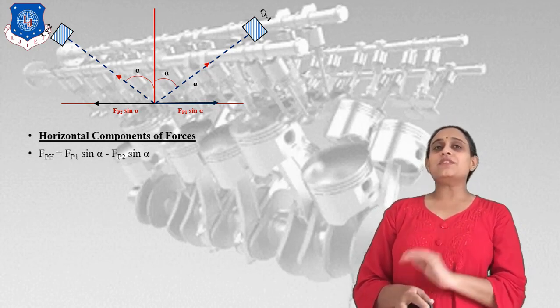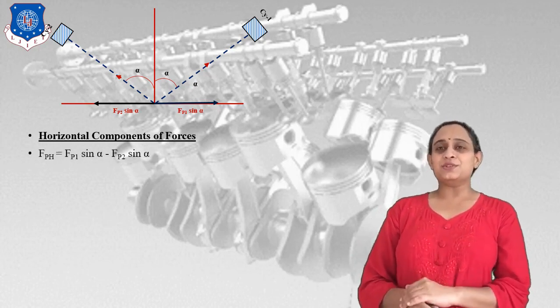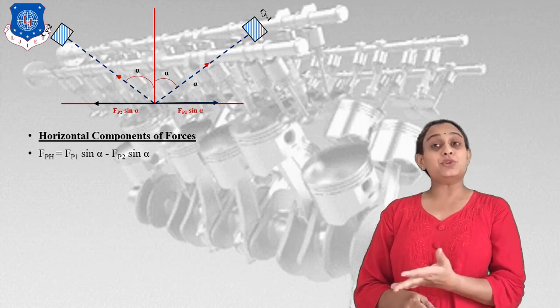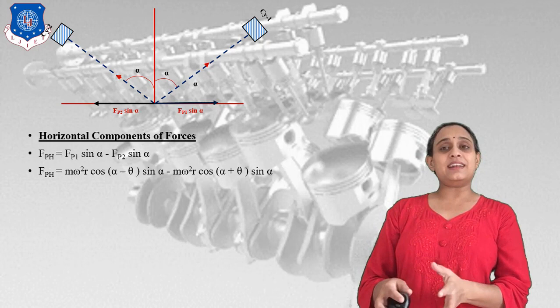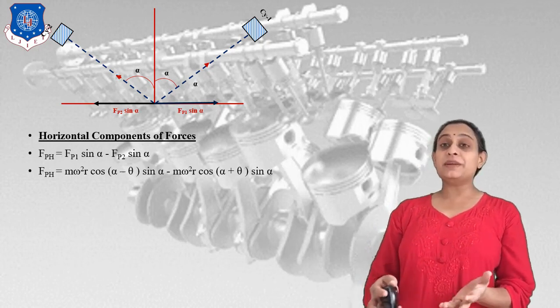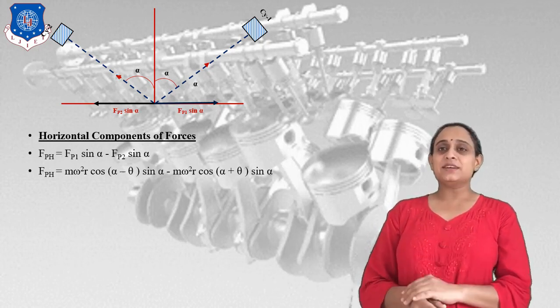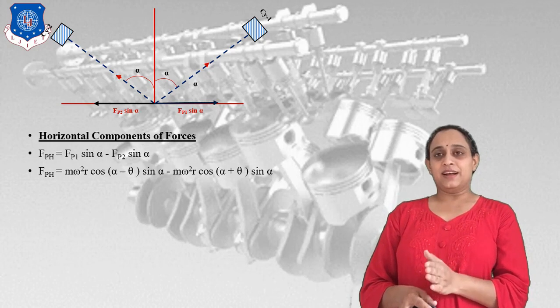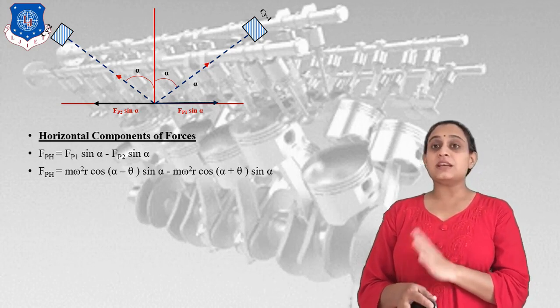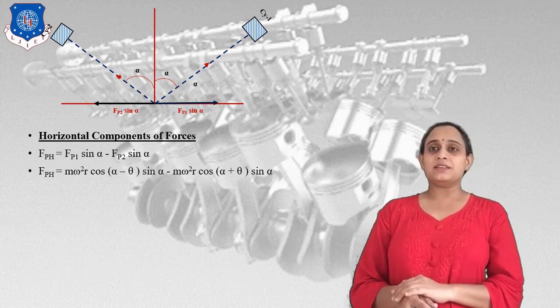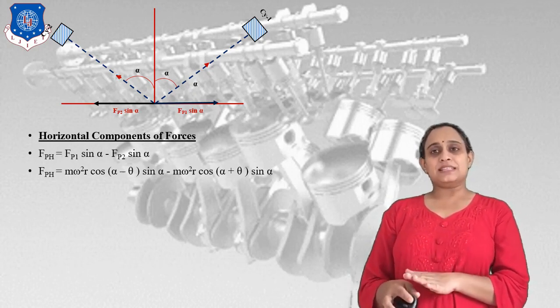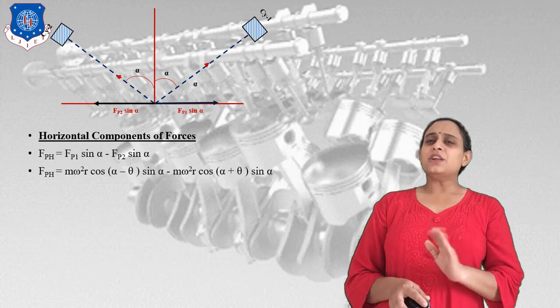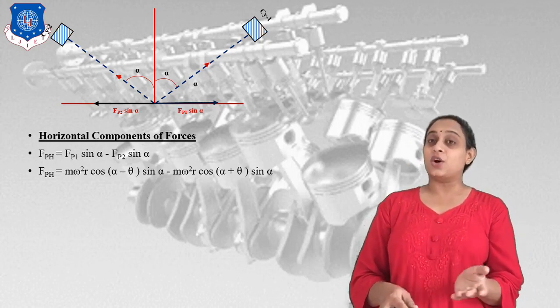Clear? Now let us put in the values of Fp1 and Fp2. It is m omega square r cos alpha minus theta sin alpha minus m omega square r cos alpha plus theta sin alpha.